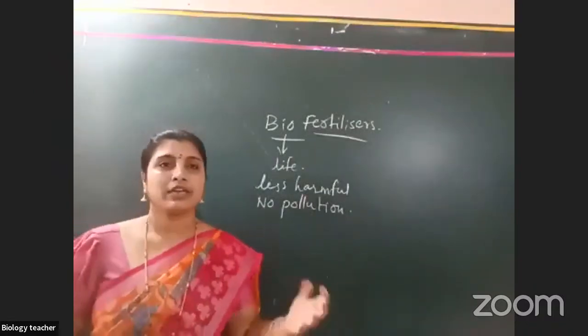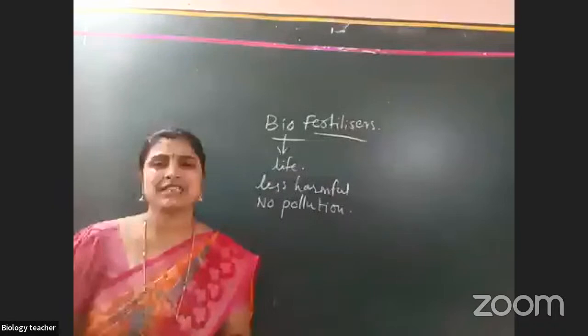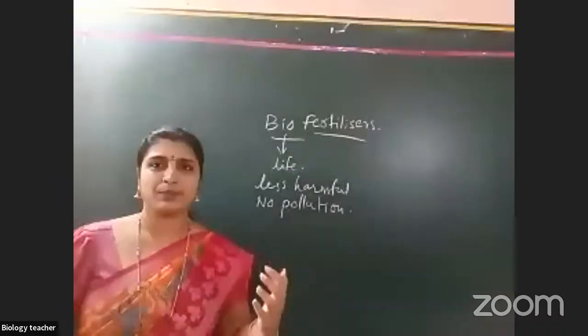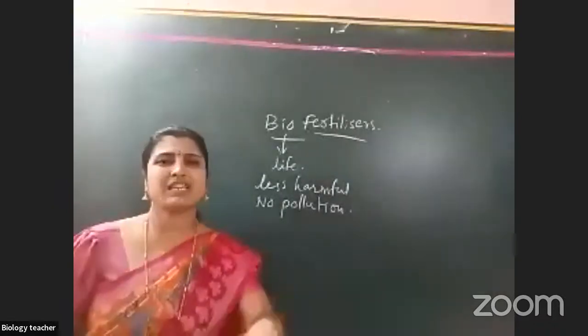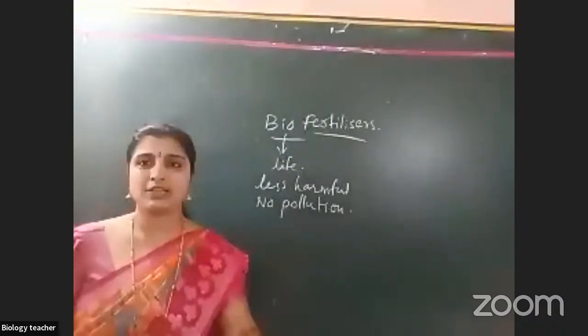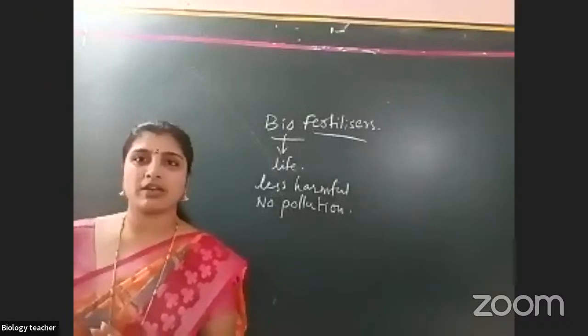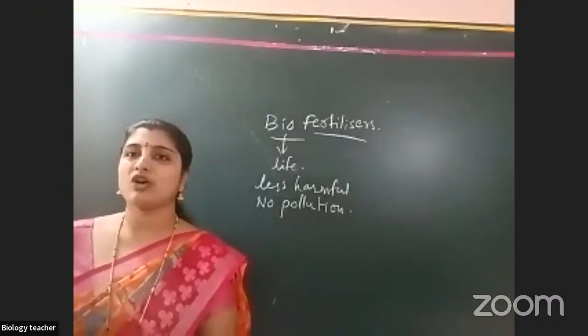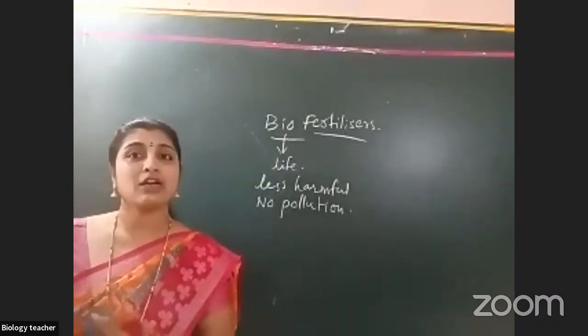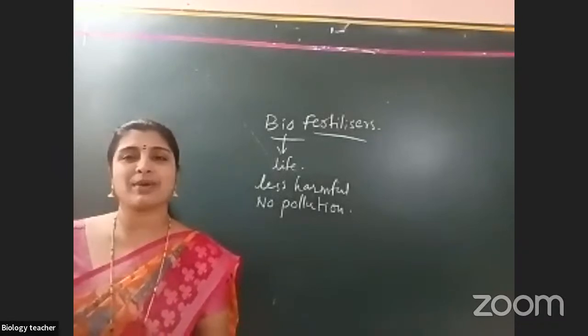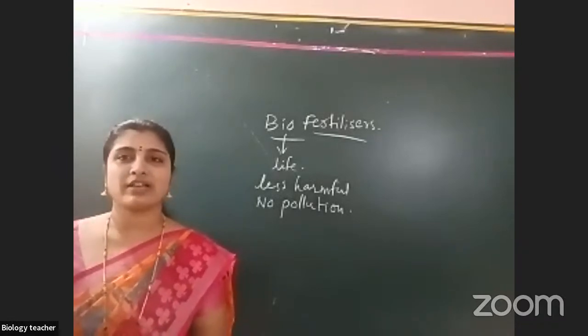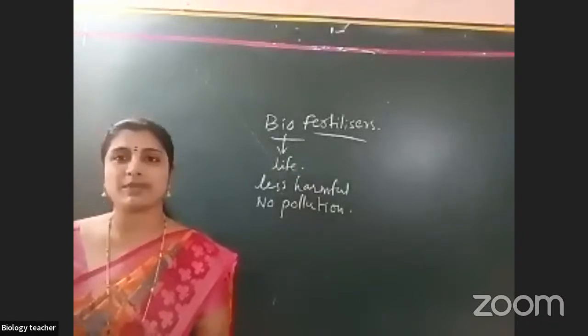If we use more fertilizers, what happens during rainfall? We have spread the fertilizers and they settle in the soil. When rain falls, they are washed from the soil. Where will they go? To the oceans, seas and rivers, where many fishes, tortoises, and aquatic plants and animals are present.